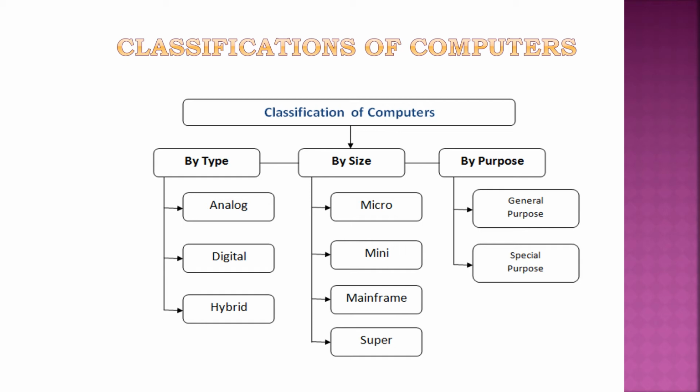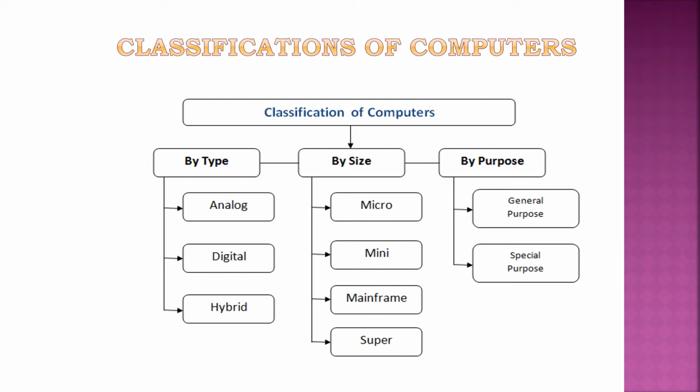However, the method or technique used by the computer to process and handle the data may be different. We can classify computers according to the following three categories: based on operating principle, based on application, based on size and capability.